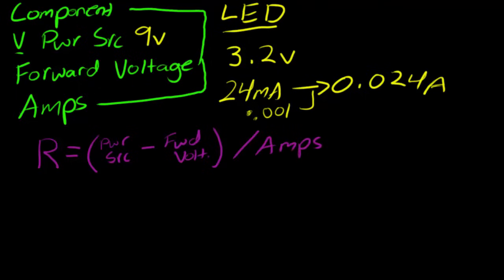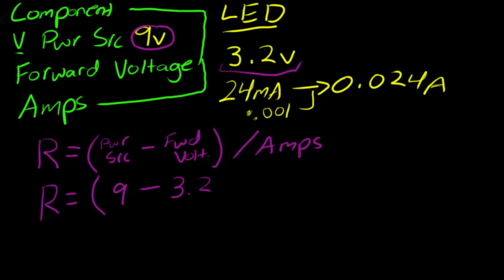So if we actually plug in numbers for this, resistance is equivalent to, I'm using a 9-volt battery, so 9 minus the forward voltage of our component, which my LEDs take up 3.2 volts, so 3.2, divided by the amount of amps our component takes. In our case, 0.024 amps. So I'm just going to write 0.024.